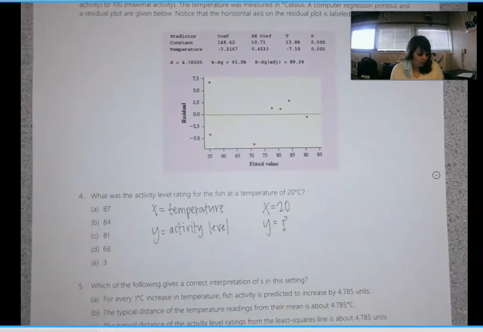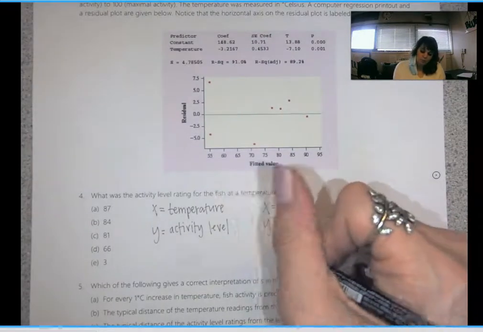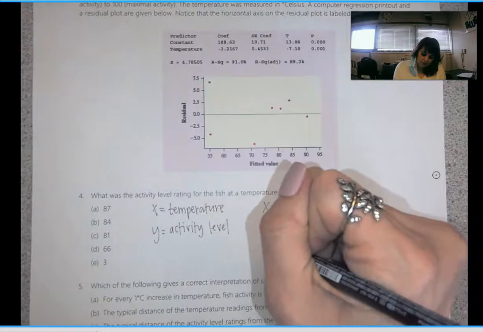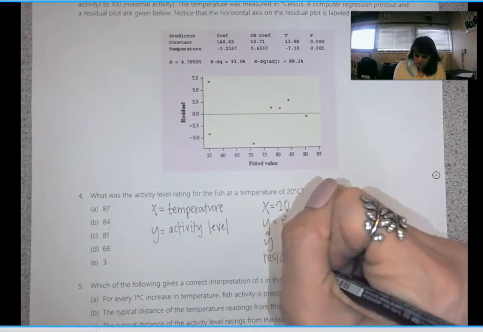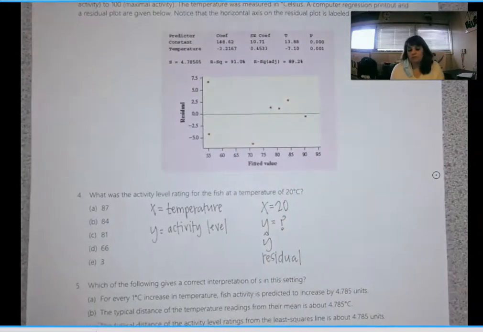They want to know what y was. So I know that I can find this by using the formula for a residual.